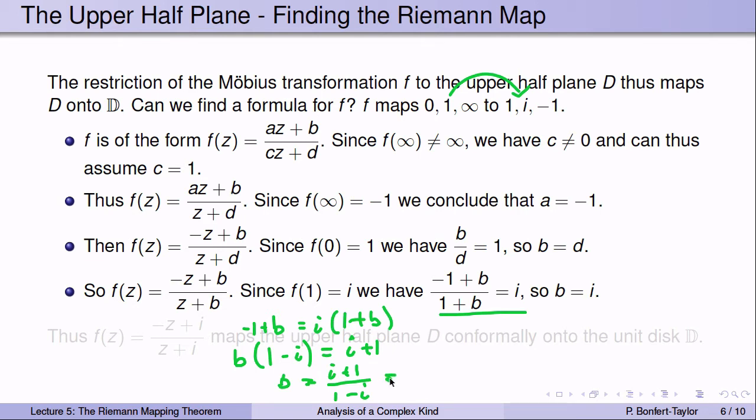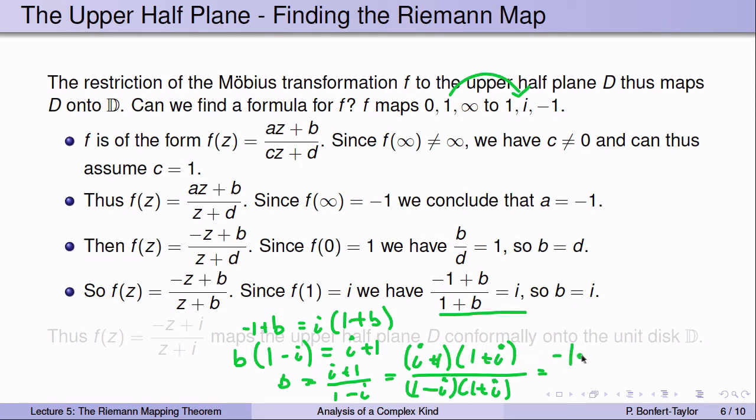Why is that the case? Let's multiply top and bottom by the conjugate of the denominator. So I + 1 times 1 + I, which is the conjugate of the denominator. And in the denominator, I have 1 - I times 1 + I. If I multiply through on the top, I have an I squared, which is -1.